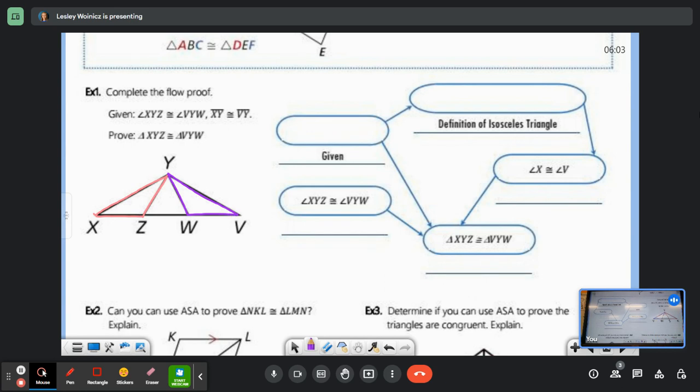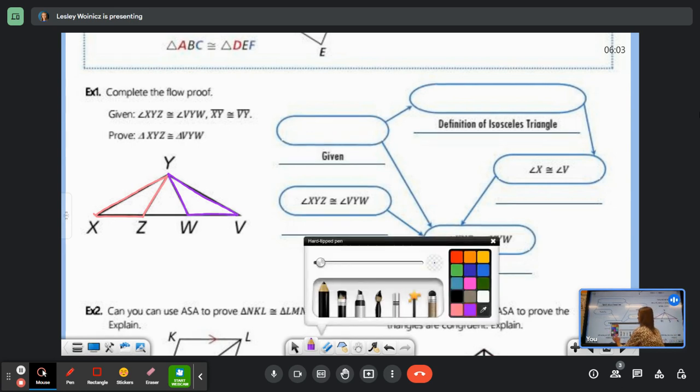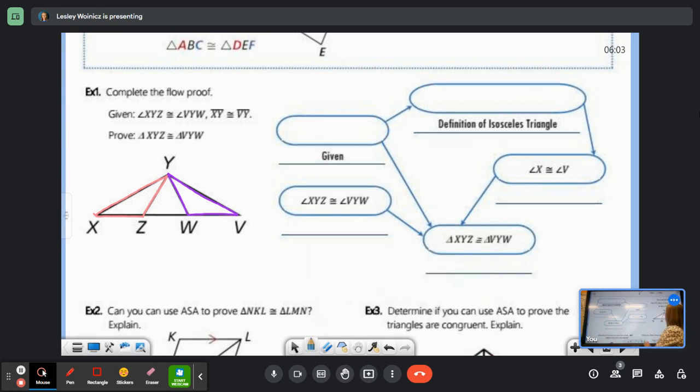Okay, so in order to do this, they've given us some helpful information. We know that angle XYZ is congruent to angle VYW. And you can see that is one of our first steps in our proof. So let's complete that step and write given.